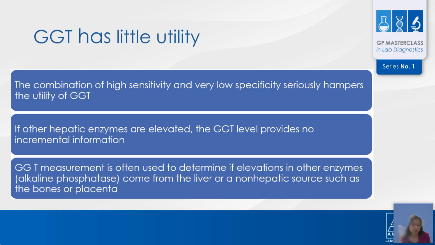Only if ALP and GGT are both elevated, but the other enzymes are not, does the GGT then provide important utility. If both alkaline phosphatase and GGT are elevated, at least a portion of that alkaline phosphatase is of hepatobiliary origin.